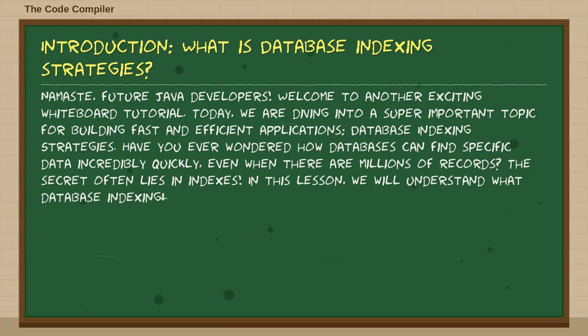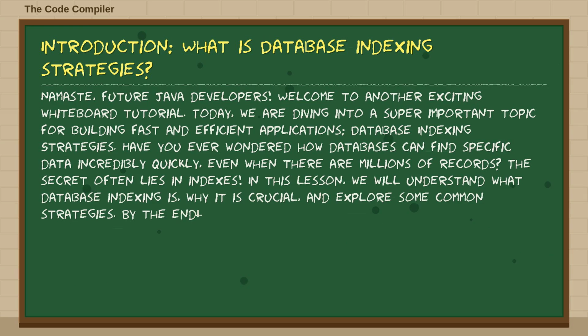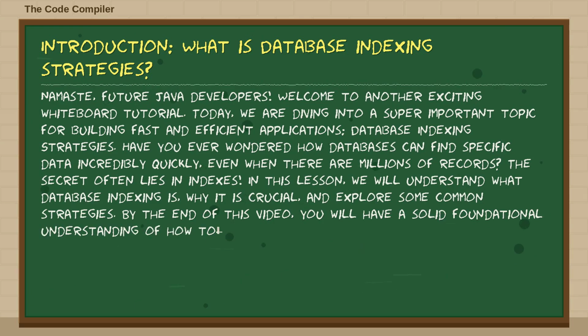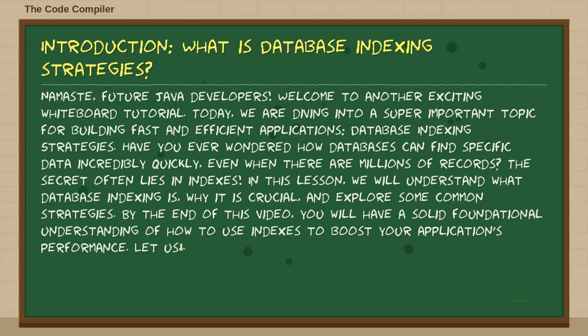In this lesson, we will understand what database indexing is, why it is crucial, and explore some common strategies. By the end of this video, you will have a solid foundational understanding of how to use indexes to boost your application's performance. Let us get started.